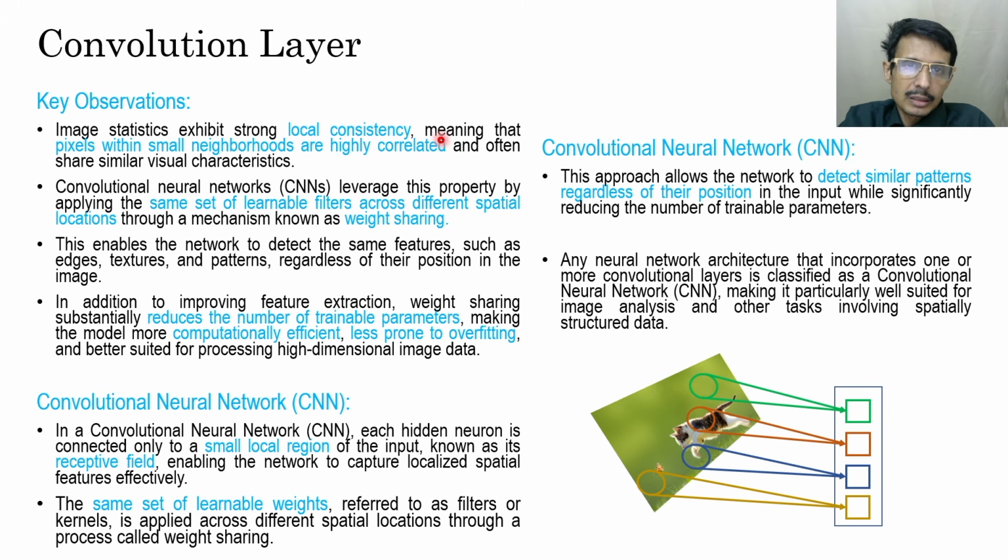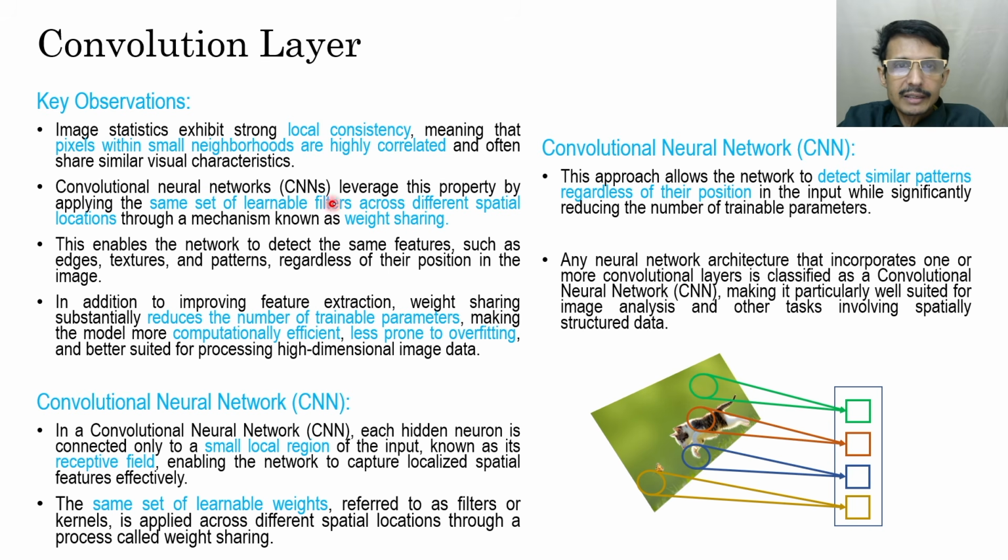In other words, the pixels within a small neighborhood are highly correlated and often share very similar visual characteristics. And this is why we put a particular kernel on an image patch rather than the whole image. So that is one of the major reasons for setting up a convolutional kernel patch-wise.